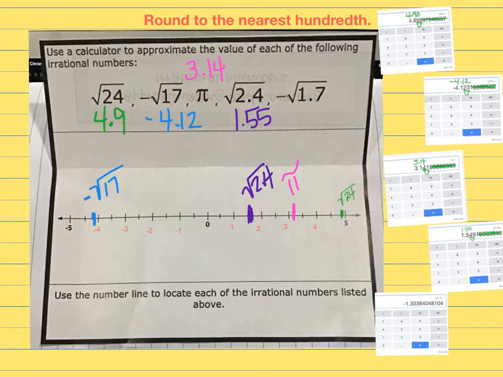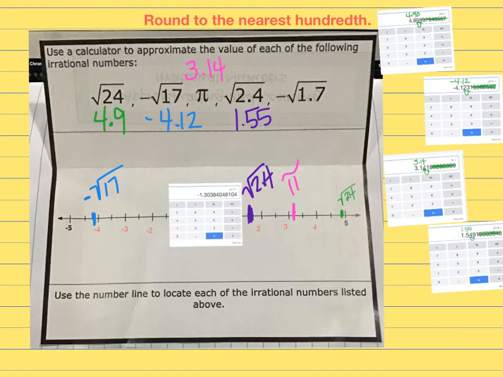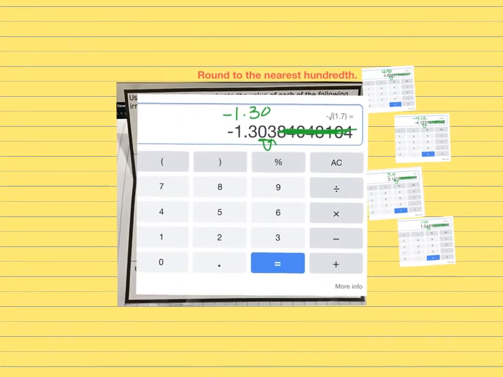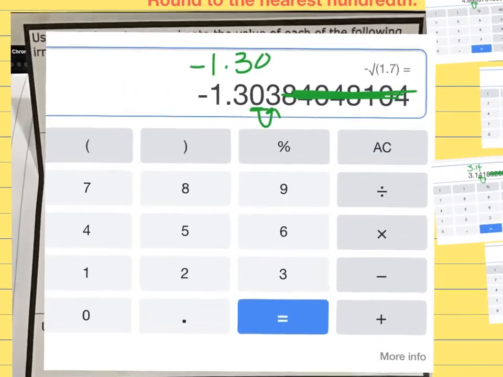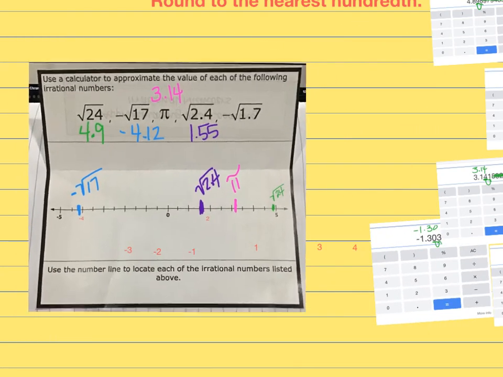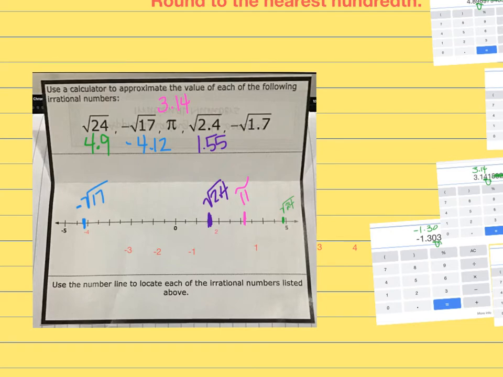And then the last one is negative square root of 1.7. It's going to be on the left side of 0. When I typed that in, I got negative 1.303. The 0 is the number in the hundredths place. Look one spot behind it to see if you round up or stay the same. It is small enough to stay, so this would be negative 1.30. Whoops, oh goodness gracious, I have messed up all my things.